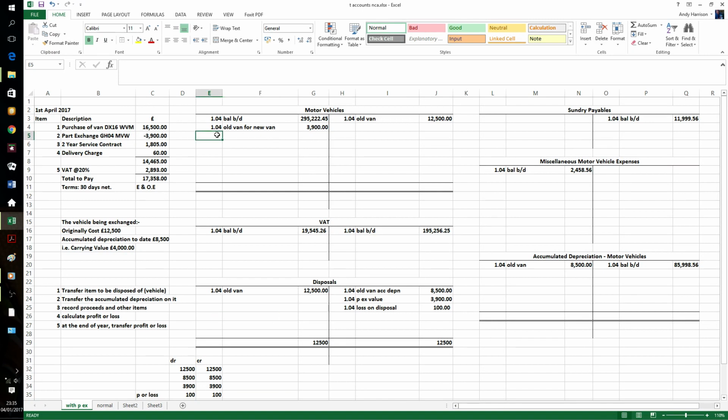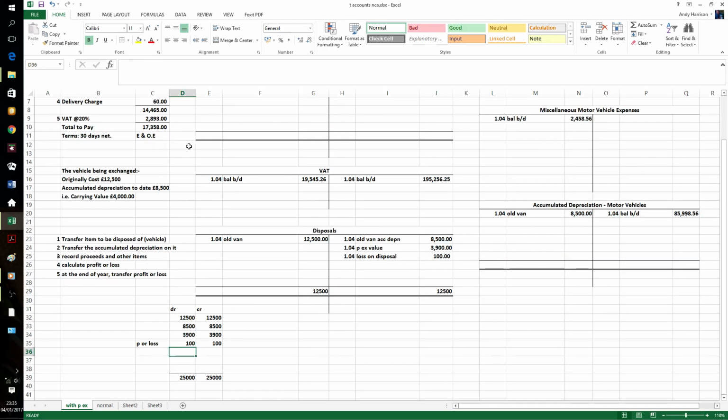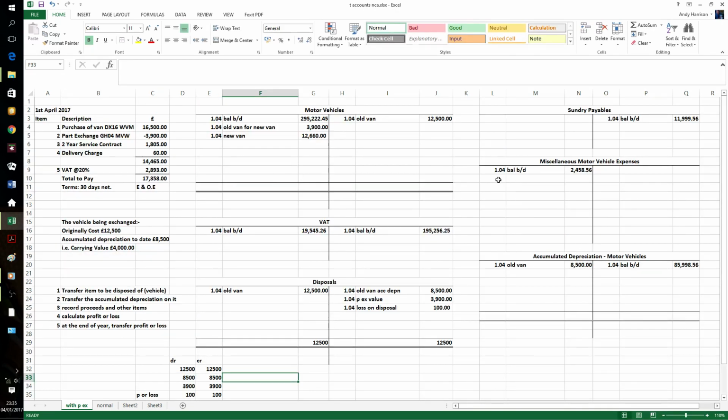So now we need to finish off the new vehicle. We've just got to watch the value here though. Take off the value, it actually costs us 12,660. Then we might as well put this in: new van service contract, 5.